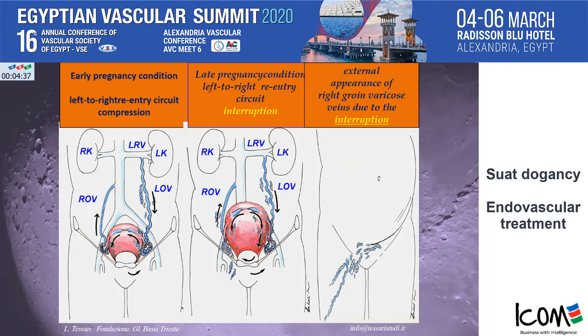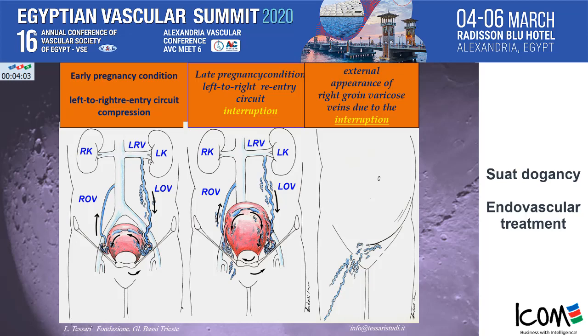When the uterus grows, there is an interruption of this flux with intra and extra uterine veins, and so there is a high pressure on the district of pelvic veins, and they go down into the limbs.